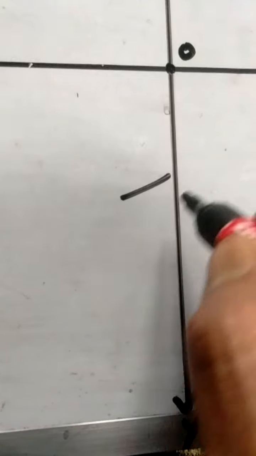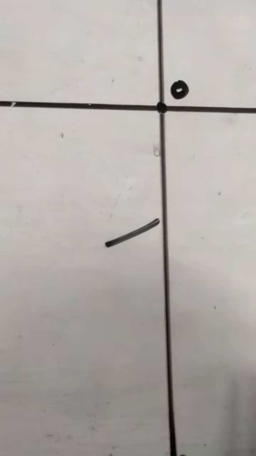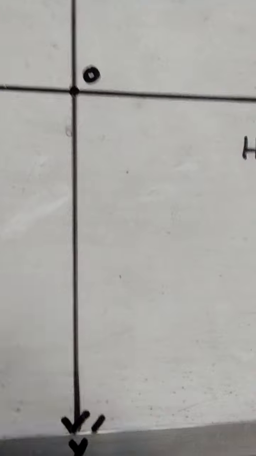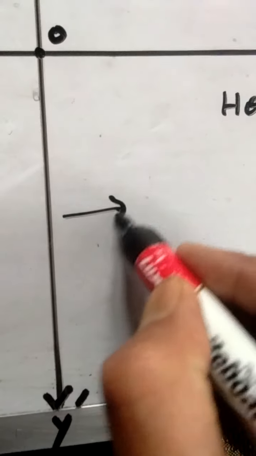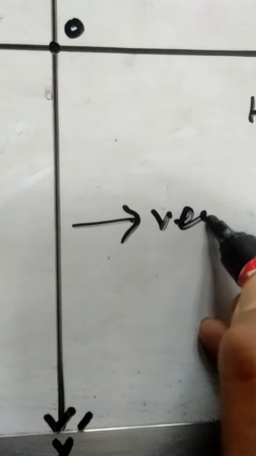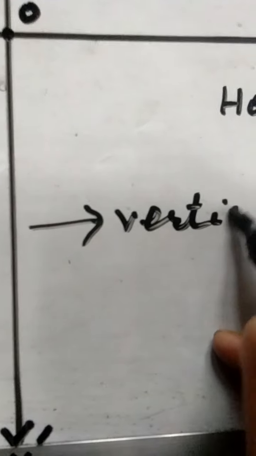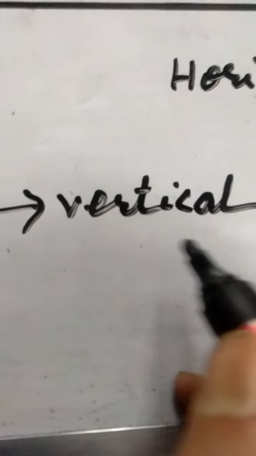And this one is a vertical line. X dash x is a horizontal line, and y dash y is a vertical line.